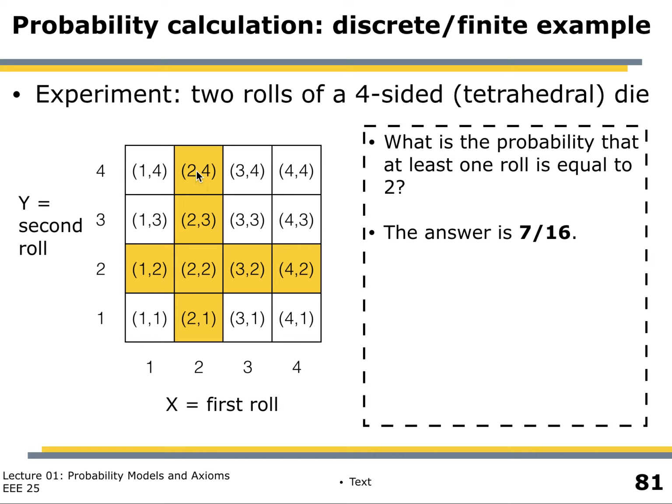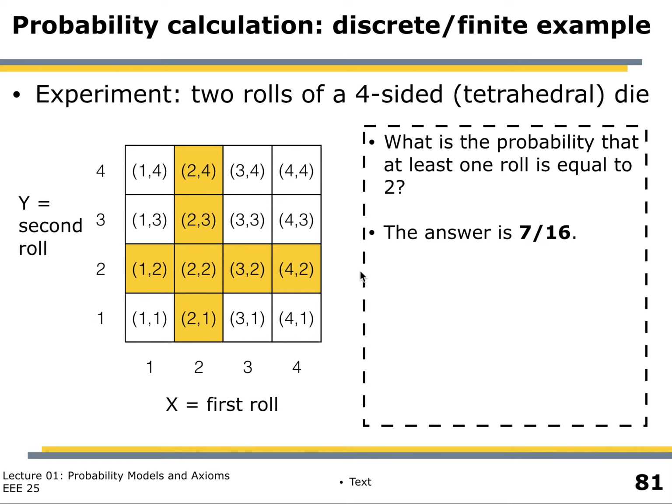So these outcomes right here have the first row equivalent to 2. These outcomes on the second column from the second row from the bottom have their second row equal to 2. So since we have 7 outcomes satisfying that description, we divide that by the total number of outcomes. That's 16, so we get the probability value of 7 over 16.